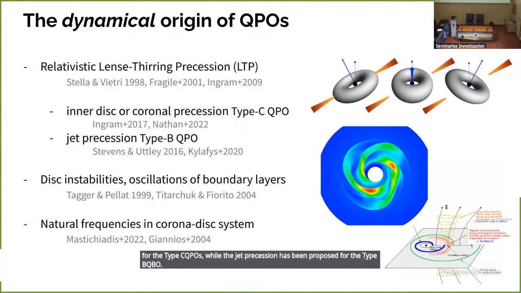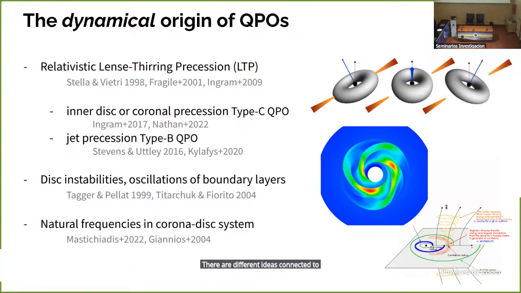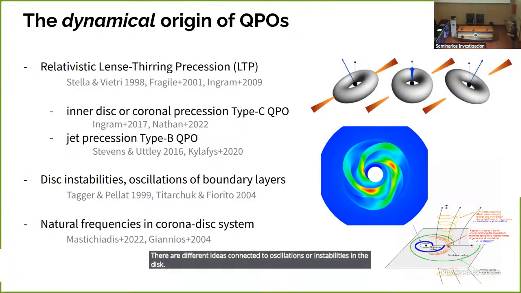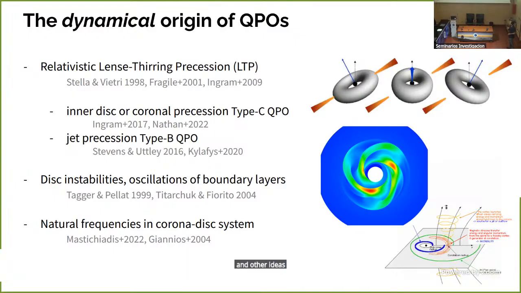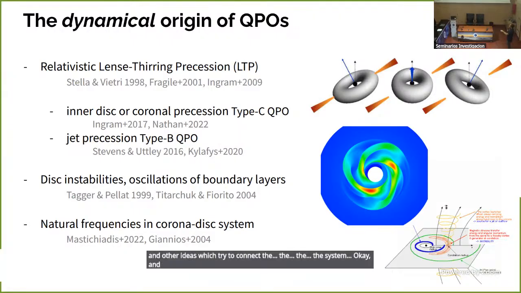There are different ideas connected to oscillations or instabilities in the disk, and other ideas which try to connect the system, like a natural frequency in the system that is made by the interaction between the disk and the corona.